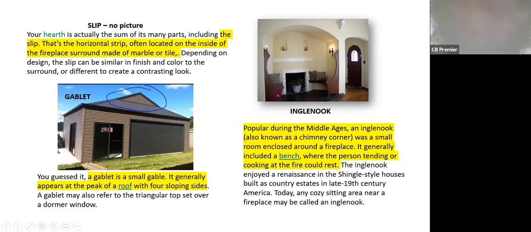Many years ago, even before the late 19th century, they would have these in old American style farmhouses, like the log homes. The fireplace would be really big and they would cook on it, so they had benches next to it so they could keep an eye on what they were cooking. So an ingle nook is benches or sitting areas around a fireplace. Did anybody know that?